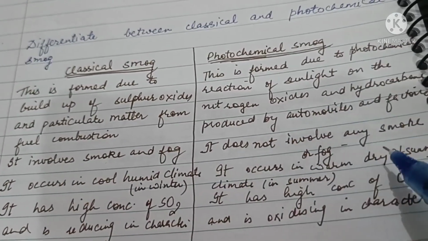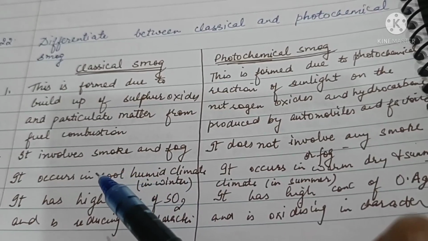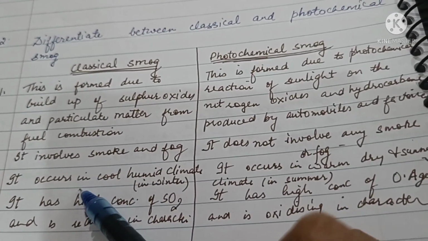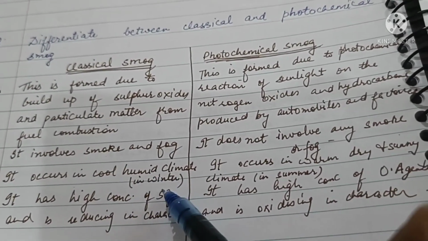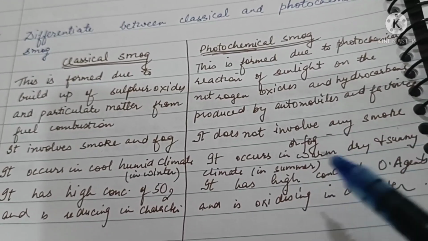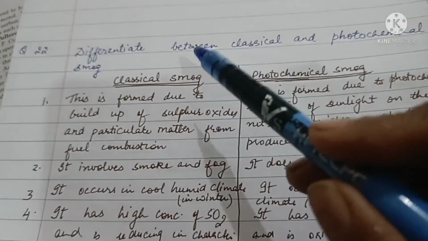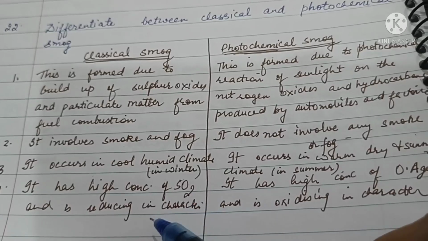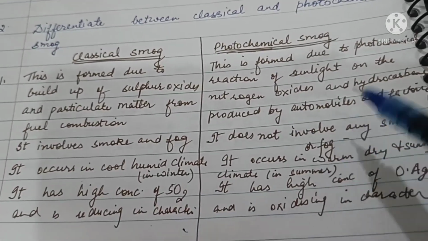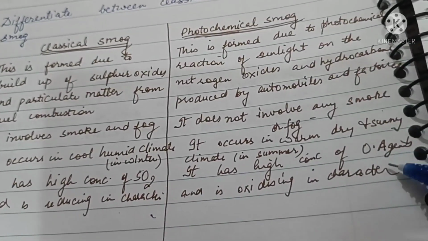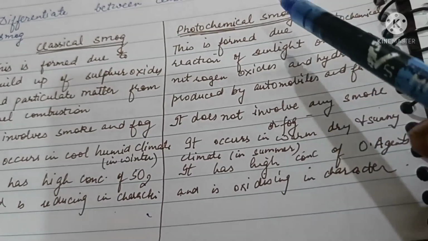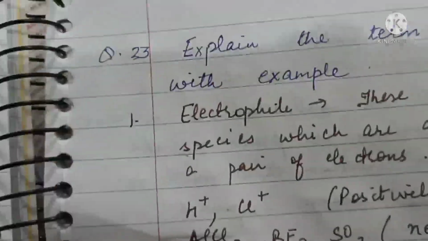It does not involve any smoke or fog. It occurs in cool, humid climates in winter. It occurs in warm, dry, and sunny climates in summer. It has high concentration of sulfur dioxide and is reducing in character. It has high concentration of oxidizing agents and is oxidizing in character.